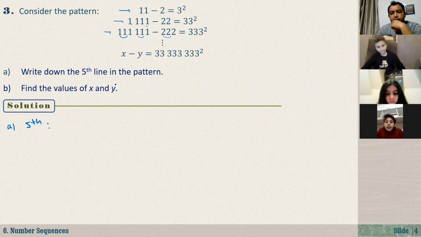In the first one, 2. In the second one, 4. In the third one, 6. So in the 5th one, there will be 10 ones, right?